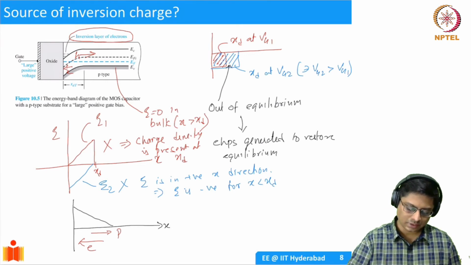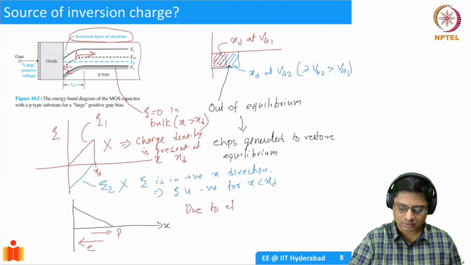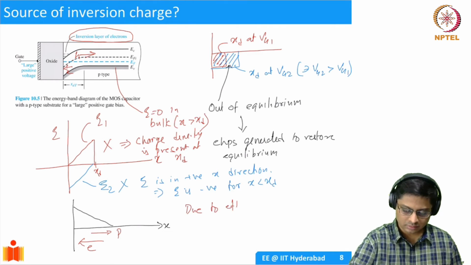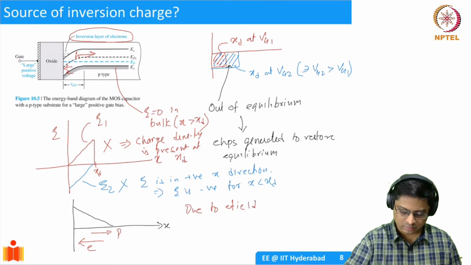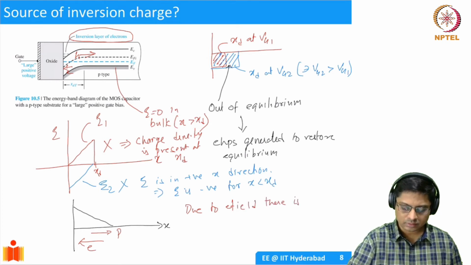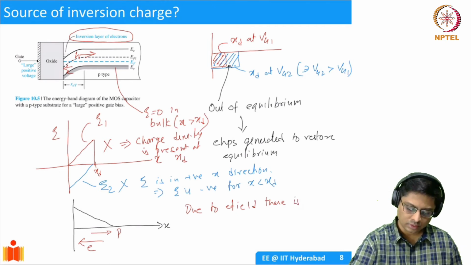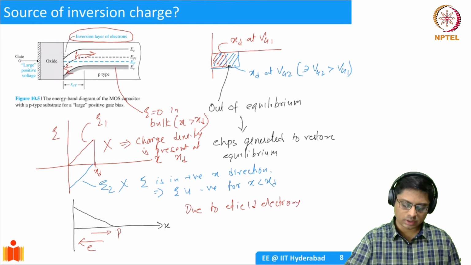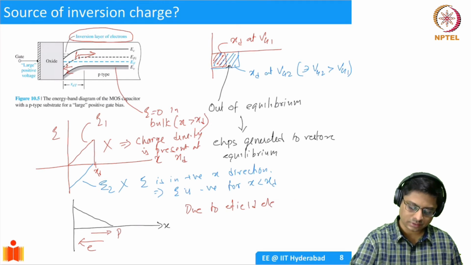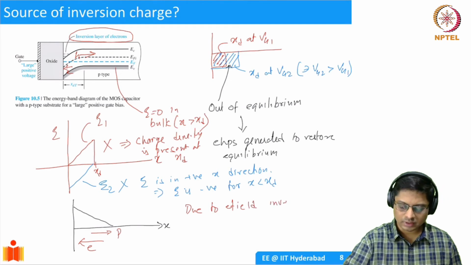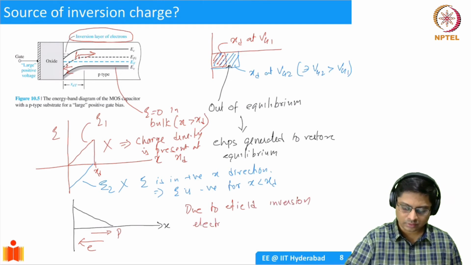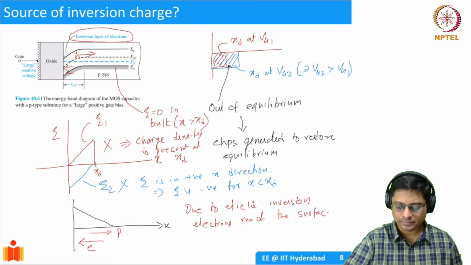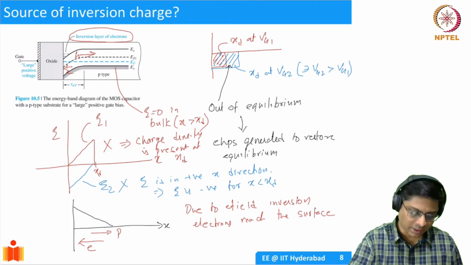And hence, due to the E field, inversion electrons reach the surface, right? So that's why we call it inversion.